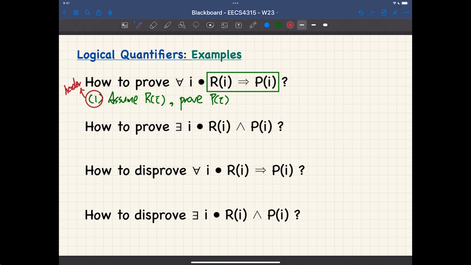Yes, exactly. Because we know that implication trivially will be true if the antecedent is already false. Remember the array example we talked about. If the array is already empty, the universal quantification is automatically true, right? So number two, the strategy would be to simply prove not R of I. This is analogous to the empty array.